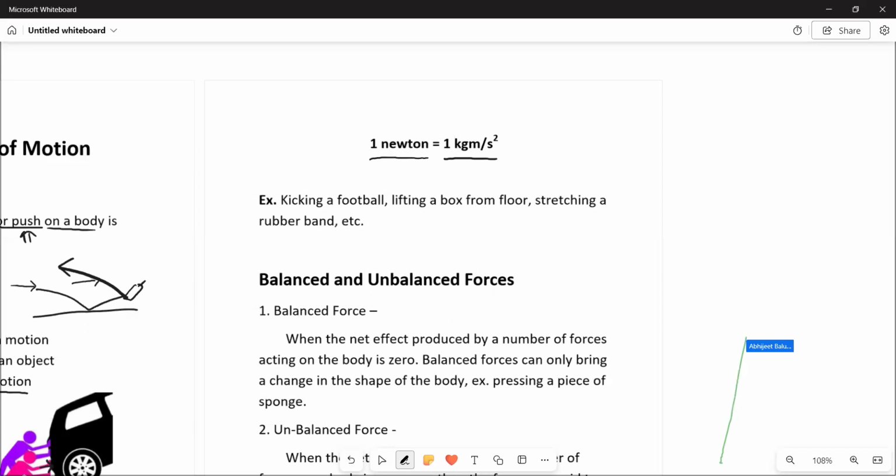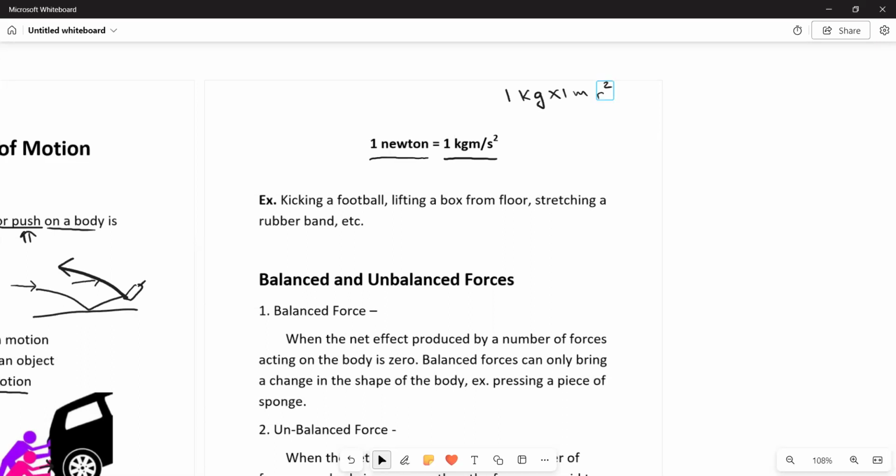We have seen that the formula for force is mass into acceleration, and when 1 kg of mass is accelerated with the value of 1 meter per second square, we will get a force of 1 Newton.